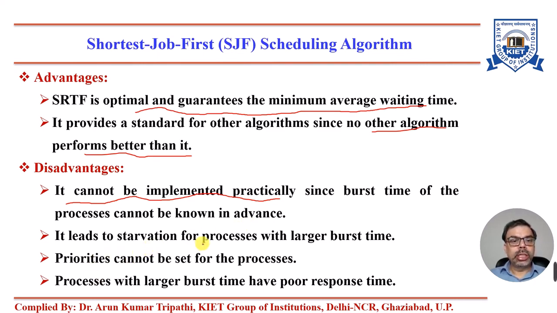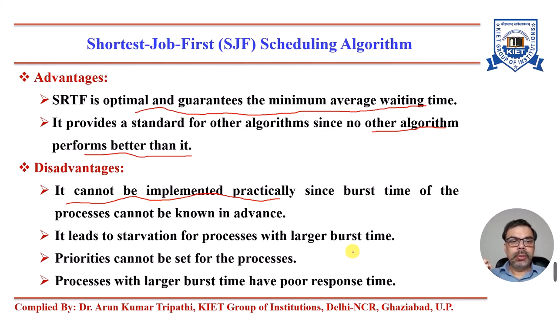It leads to starvation for processes with longer time. It is possible that newly arriving processes with shorter time keep coming continuously, and a process with a larger burst time may never get the processor. In that case, there will be a starvation condition.